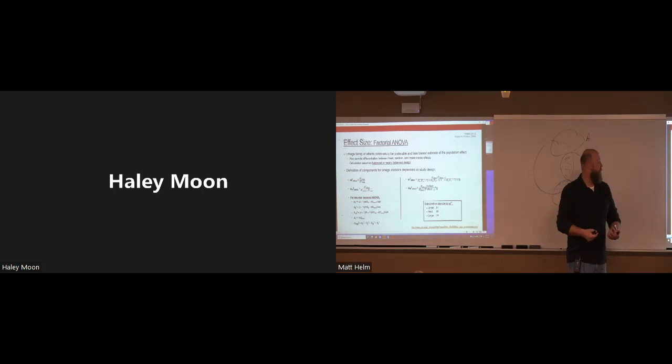Okay. I've done some homework on this. What you'll find in classic texts is that, depending on the design, the calculation of omega squared and partial omega squared would be different if I was calculating a 2x3 design versus a 3x4 design or something along those lines.